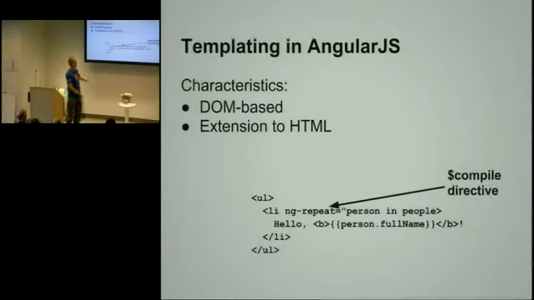You can notice that ngRepeat is not a standard HTML tag. This is something that we added, and this is something that we look for when we traverse the DOM tree, and it tells us, oh, here is a part of the DOM that needs to be repeated based on the number of items in the model. In this case, the people model. And we also have data binding. Data binding is just a double curly with some kind of expression, and I'm going to talk about what this expression can be in a minute.